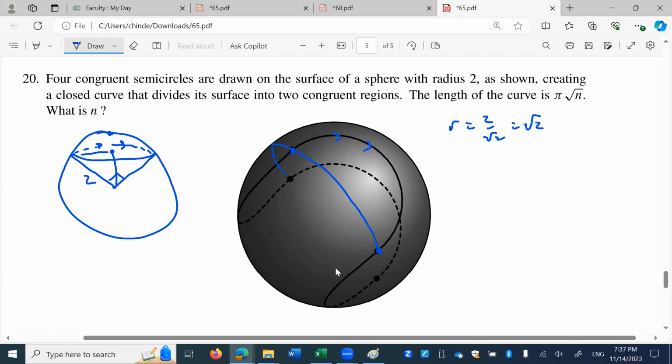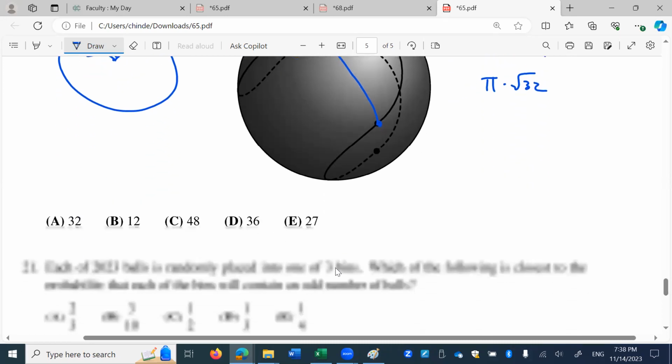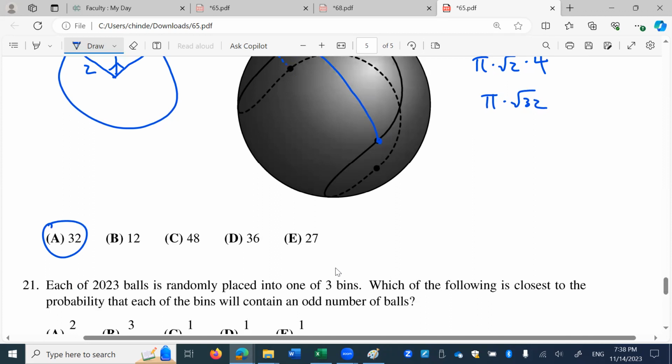And therefore, the length of the semicircle is going to be pi times root 2. And there's 4 such arcs, so that times 4. I'm supposed to put my entire number inside the square root, so I guess it'll be pi times the square root of 32. N equals 32.